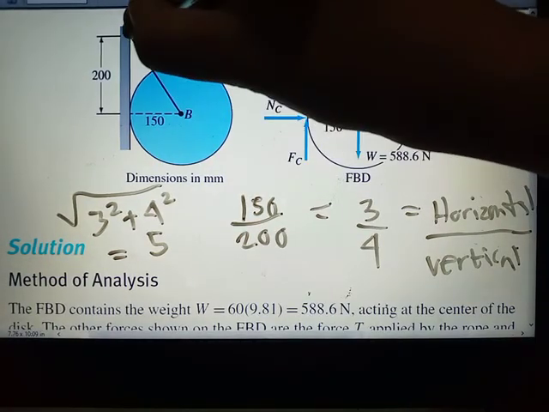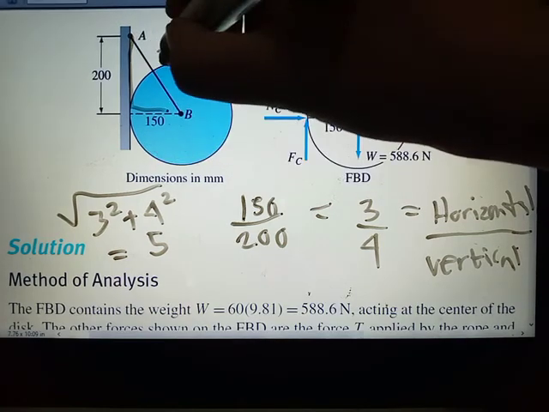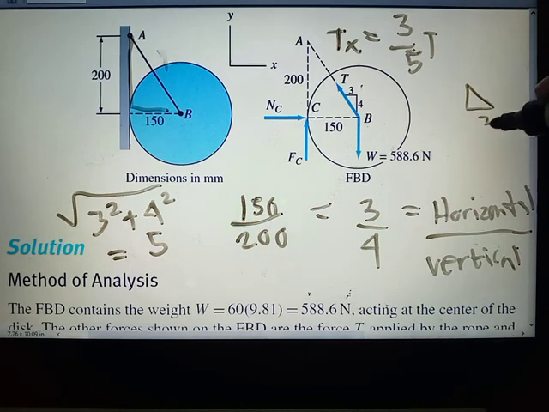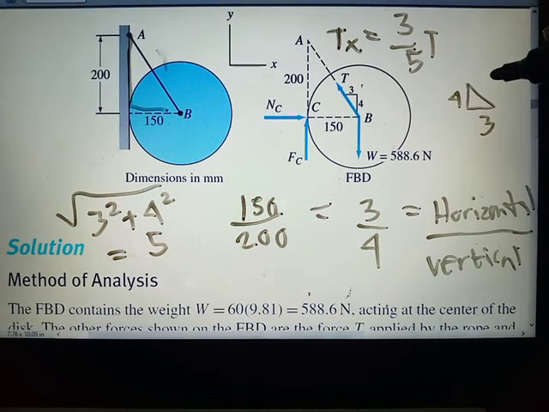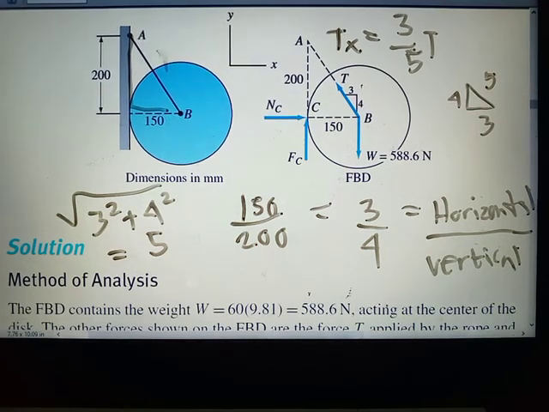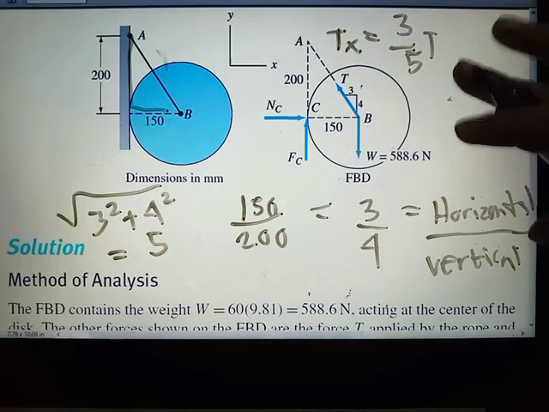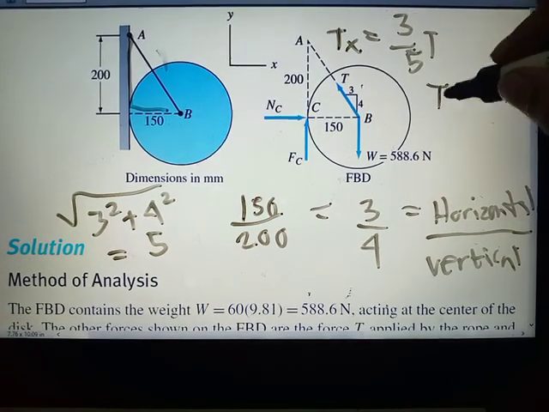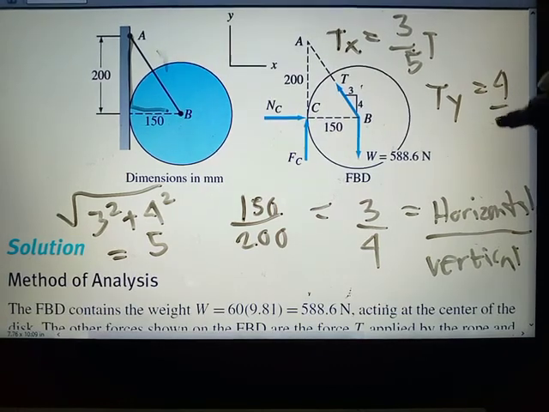This is a triangle with sides 3 and 4, so the hypotenuse is 5. So we use 3, 4, 5, and the Ty here is 4/5 T.